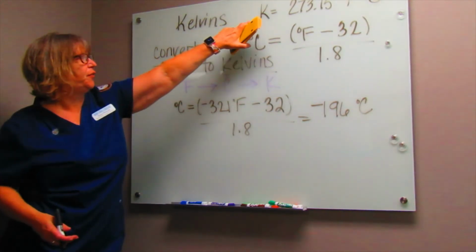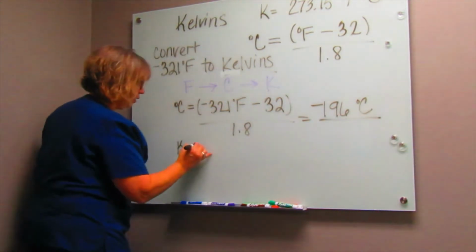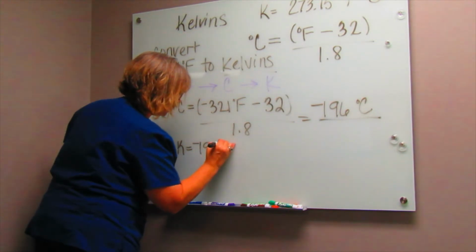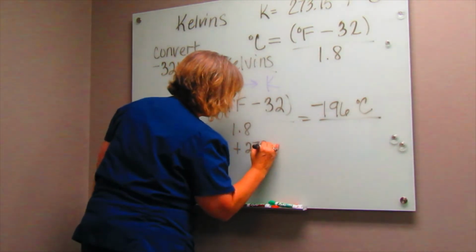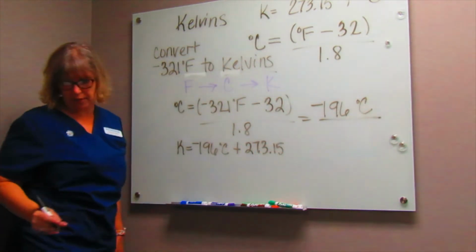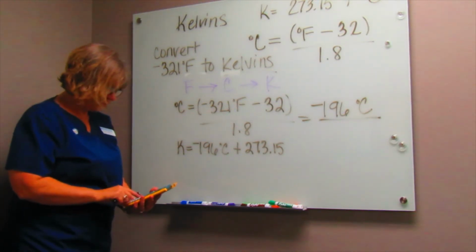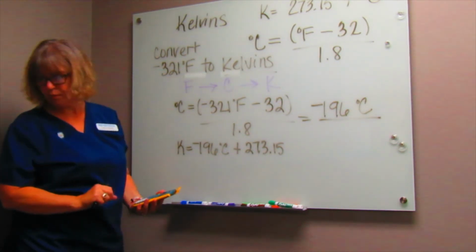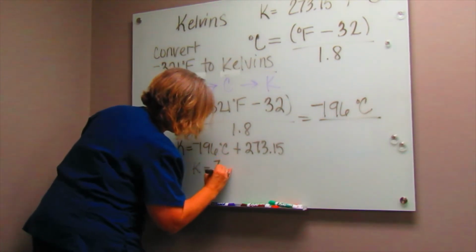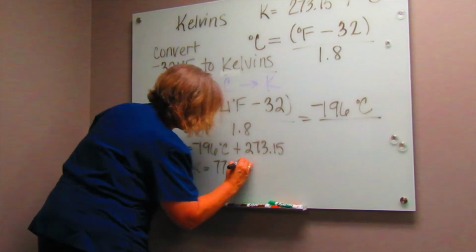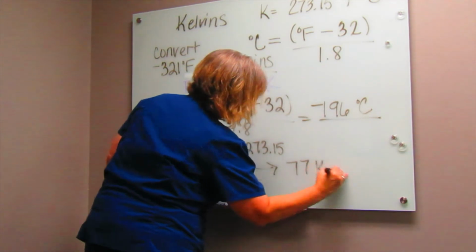Now in order to find kelvins, we're going to take this value, negative 196 degrees Celsius, and add 273.15, and that's going to give us 77.15. Again, with the rounding, 77 kelvins.